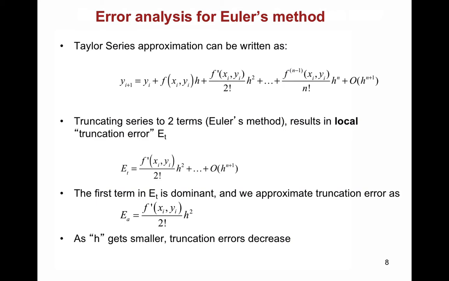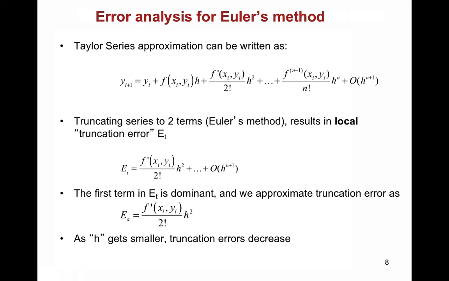Either way, as this h gets smaller, I'm going to get closer because my error depends on h. If the h is smaller, the error will be smaller as well. That's essentially because in this Taylor series, I depend on h. Whatever I chopped off is a function of h.